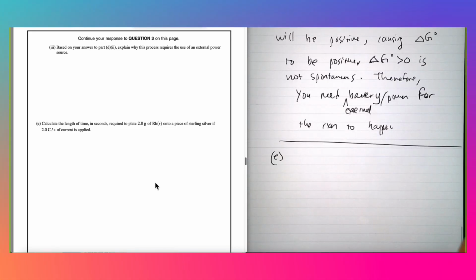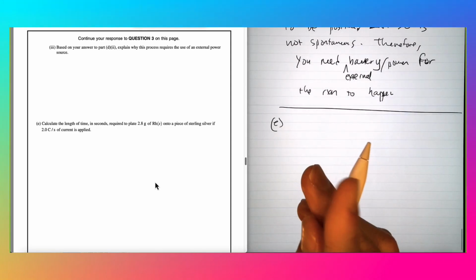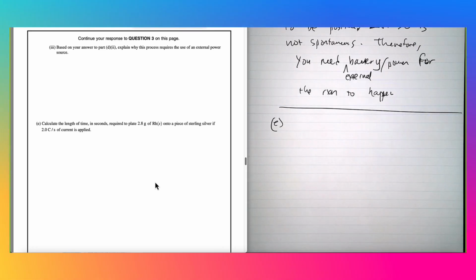Alright, part E, calculate the length of time in seconds required to plate the 2.8 grams of rhodium onto a piece of sterling silver for 2 coulombs per second. Okay, so this is a fun part. I like this because we get to cancel out so many units. You always start with the single unit. We got the mixed units for 2.0 coulomb per second.